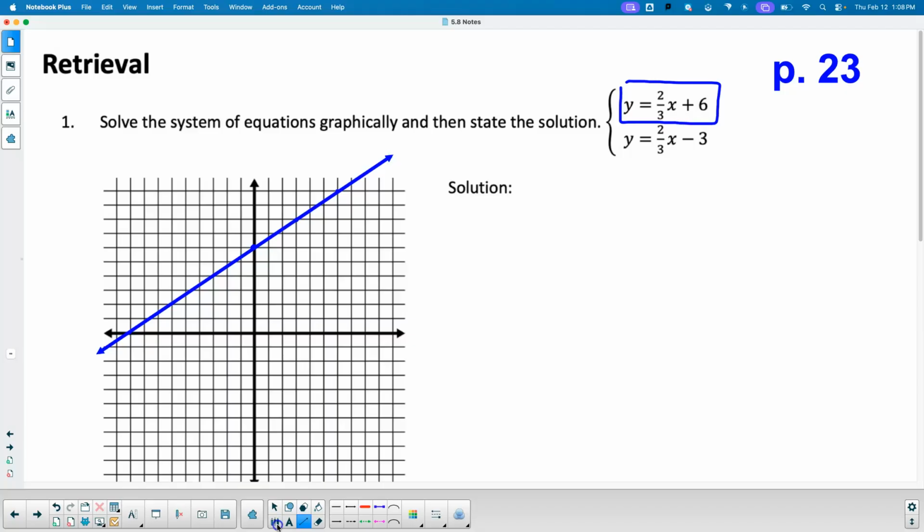Then the second one would have a y-intercept of -3. Slope again of 2/3, so that's up 2, right 3, up 2, right 3, up 2, right 3, or down 2 and left 3, down 2 and left 3.